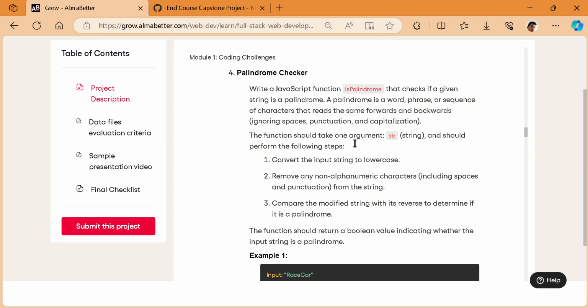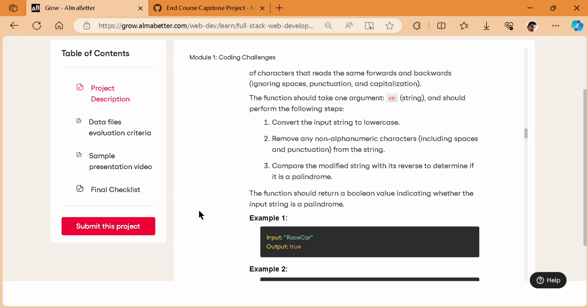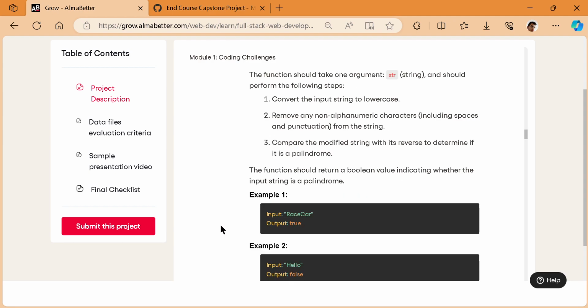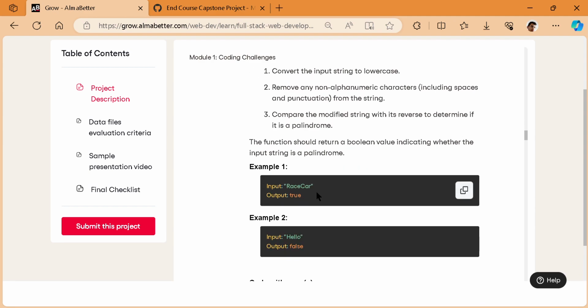The function should take an argument, a string. Convert the input string into lowercase, remove any non-alphanumeric characters from the string, and compare the modified string with its reverse to determine if it is a palindrome. We have to tell whether it's a palindrome or not.